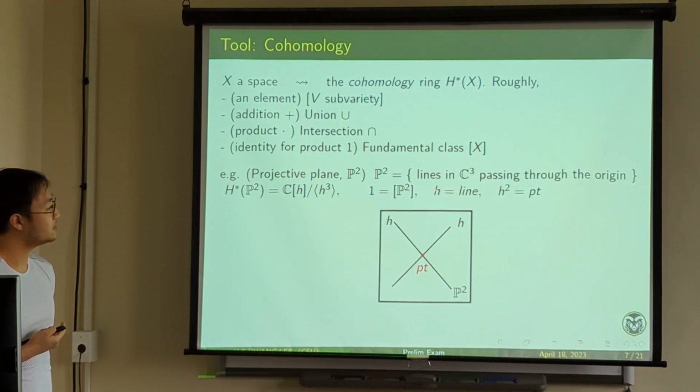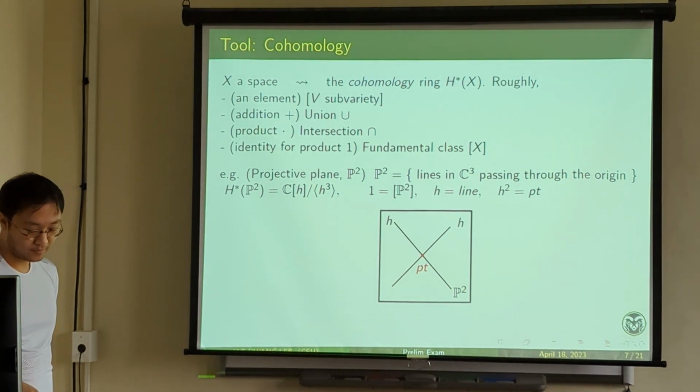And then H represents the hyperplane class. In this case, a hyperplane is just a line. So H represents a line. And then for H squared, you take the intersection of two lines, and generically you're going to get a point. So H squared represents the point class. So that's basically the cohomology ring of the projective plane.